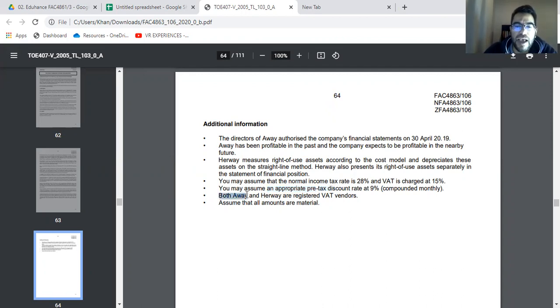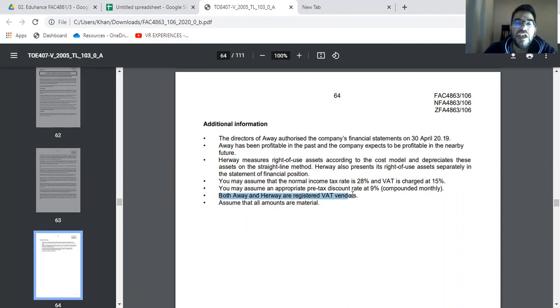Both Away and Herway are registered VAT vendors. So remember, in the first section, Store Away was the lessor and the vacationer was the lessee. In that scenario, from the lessor's perspective, you have to consider whether it is a finance lease or an operating lease.